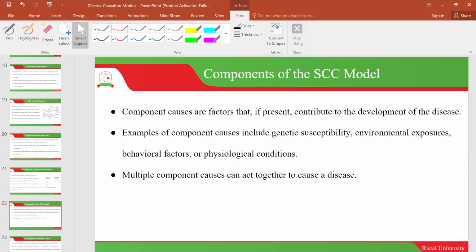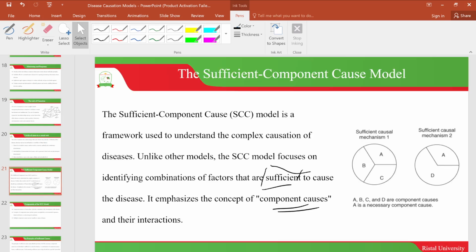So the sufficient component cause model emphasizes components.